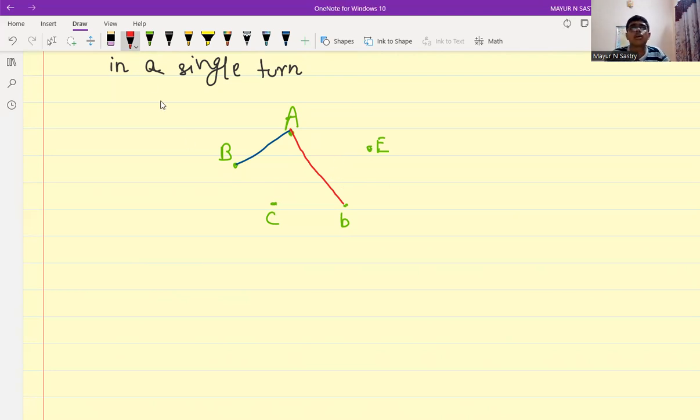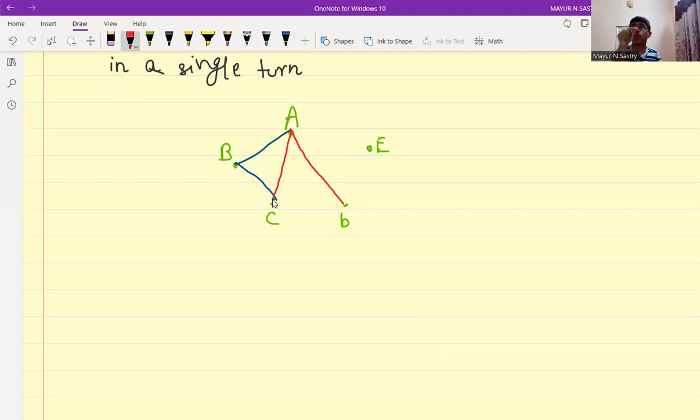Then again, I need to do something to form a triangle in the first place. So let us say that I join BC so that I have the possibility of forming a triangle. Okay, then the next player is just forced to take this.